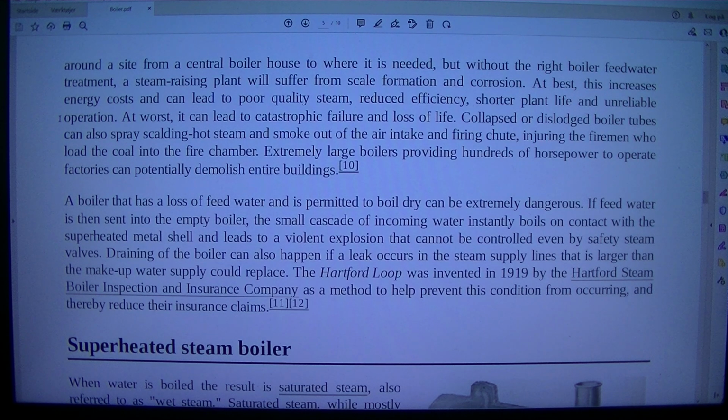At worst, it can lead to catastrophic failure and loss of life. Collapsed or dislodged boiler tubes can also spray scalding hot steam and smoke out of the air intake and firing chute, injuring the fireman who loads the coal into the fire chamber. Extremely large boilers providing hundreds of horsepower to operate factories can potentially demolish entire buildings.